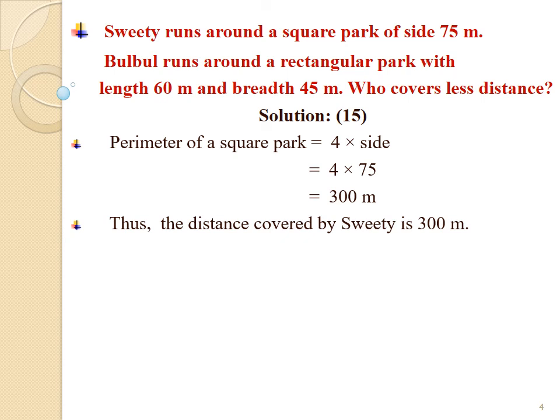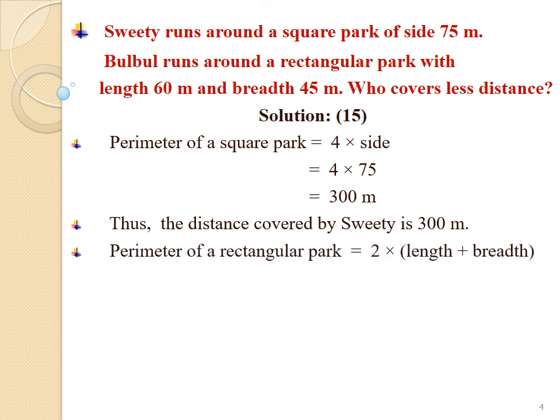Now, for Bulbul, perimeter of the rectangular path equals 2 multiplied by length plus breadth, equals 2 multiplied by 60 plus 45.